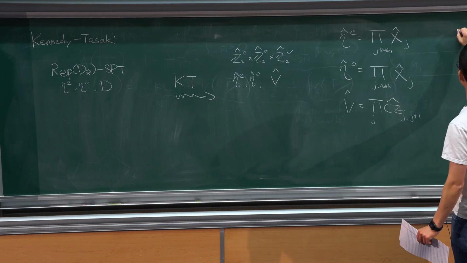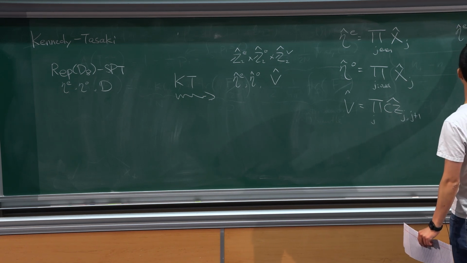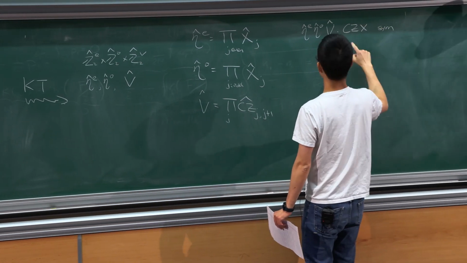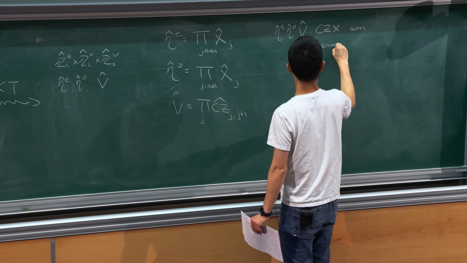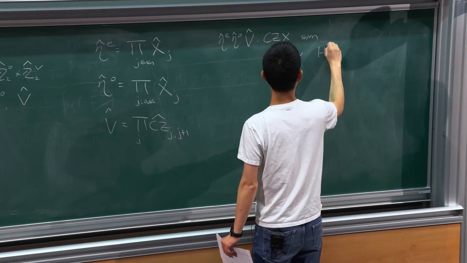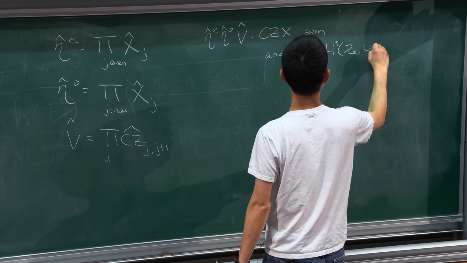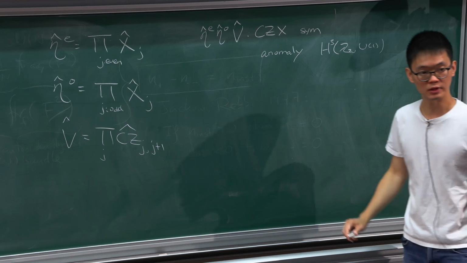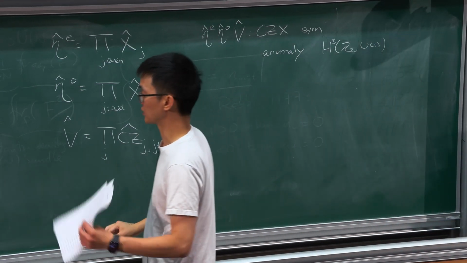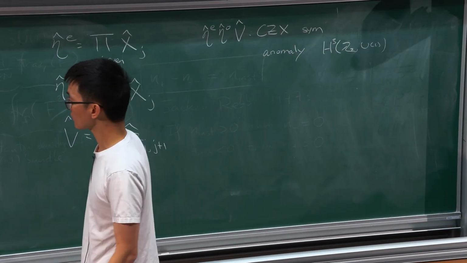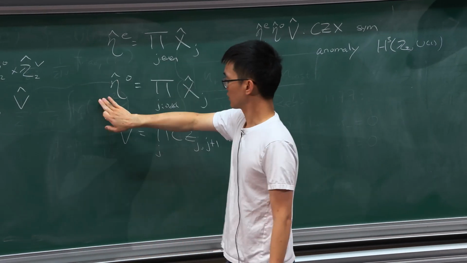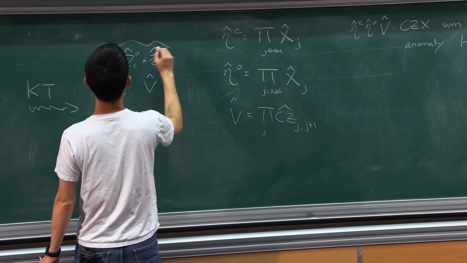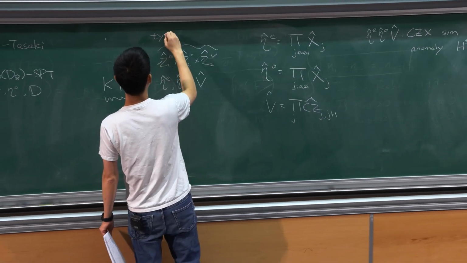So the product of them, eta hat even, eta hat odd, V hat, is known as a CZX symmetry, and it has an anomaly captured by H3, Z2, U1. This is the anomaly of the Levin-Gu SPT. This is the boundary anomaly of the Levin-Gu SPT. But if you look at the individual factors, the claim is that this has an interesting anomaly in the literature known as the type 3 anomaly.